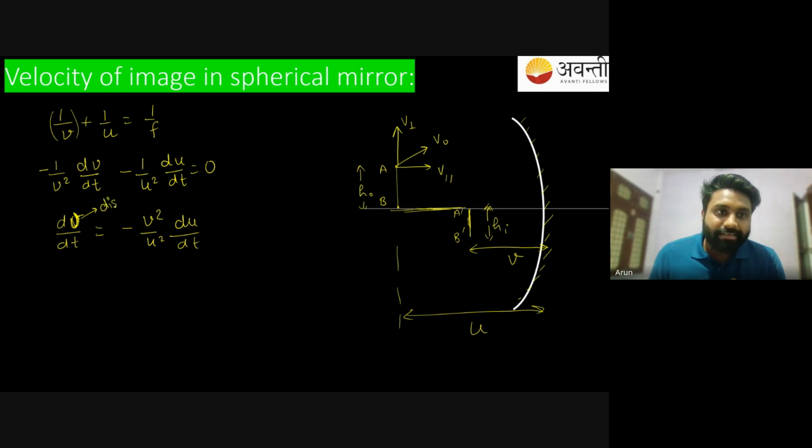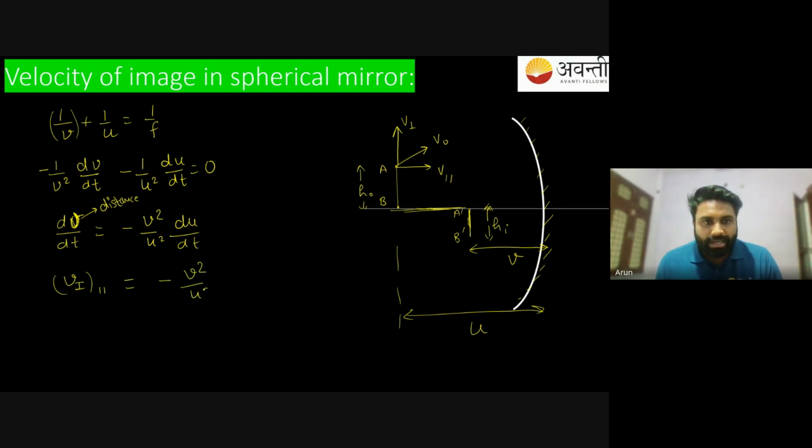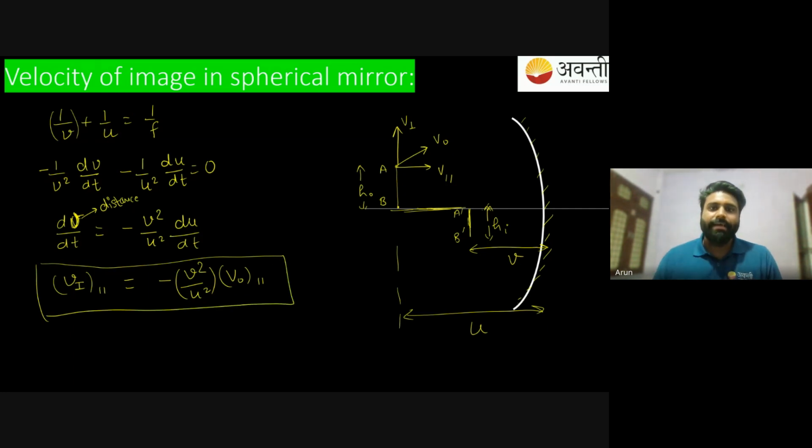I'm writing it here. So this change of distance with respect to time gives you the image velocity parallel, and this is equal to V square by U square times the velocity of object parallel. Got it? So this is the relation that we have.